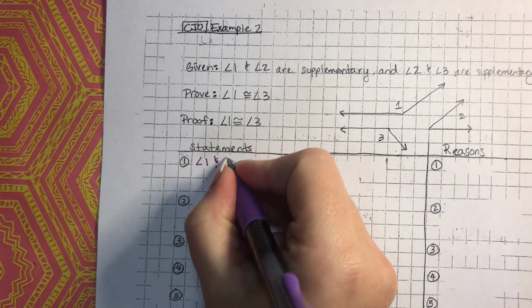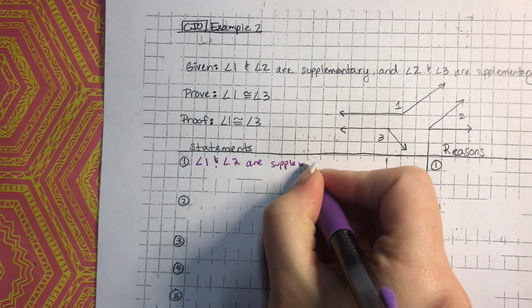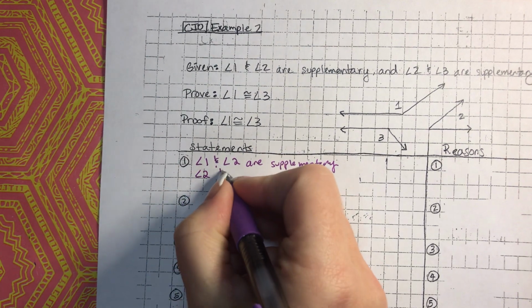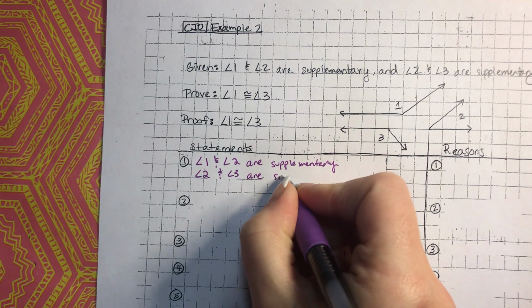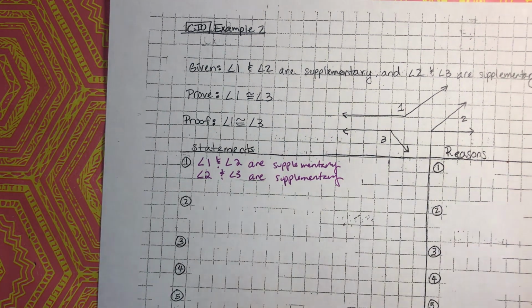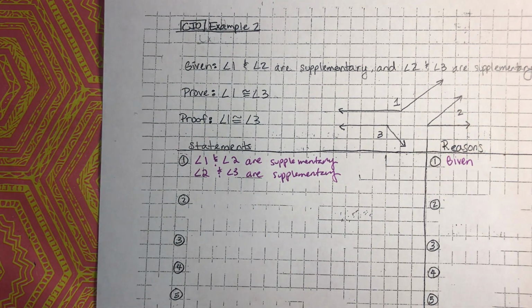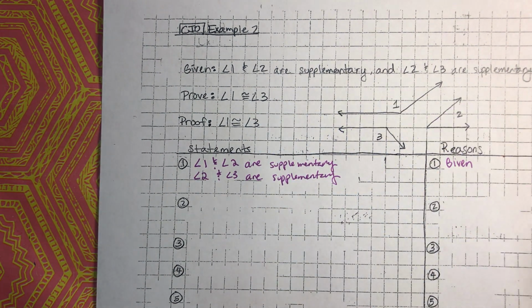Angle 1 and angle 2 are supplementary, and angle 2 and angle 3 are supplementary. So that is given, right? Well, we're trying to prove that angle 1 and angle 3 are congruent.